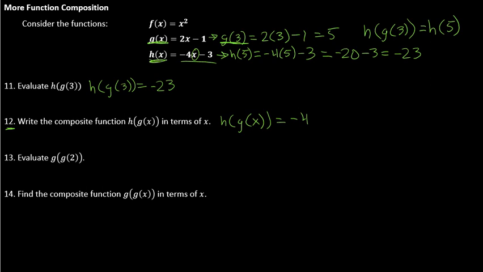So negative 4x, minus 3. And g of x, of course, is 2x minus 1. So let's go ahead and do that. So negative 4 times g of x, 2x minus 1, and minus 3. The g of x is right here.